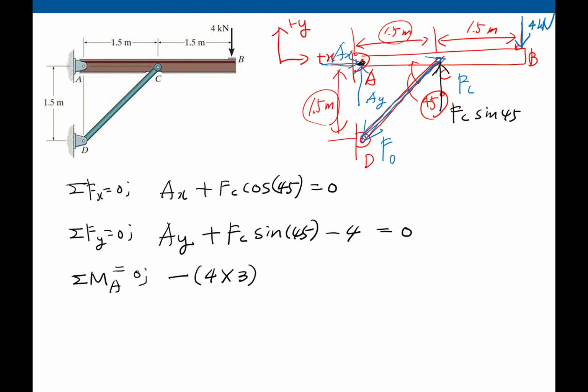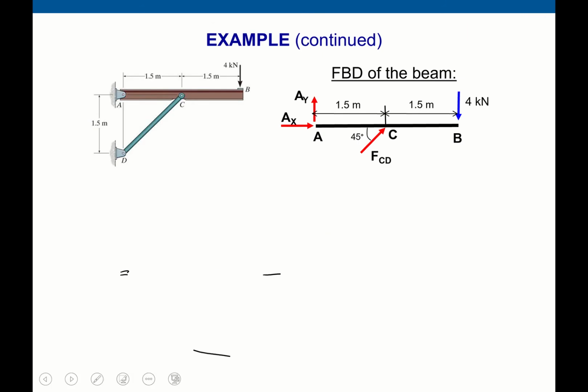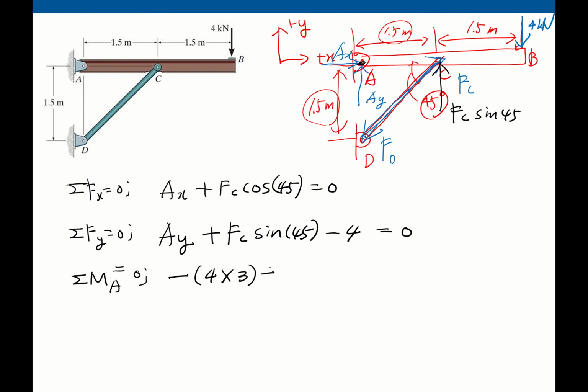It is counterclockwise rotation, so positive. FC sine 45 times 1.5.